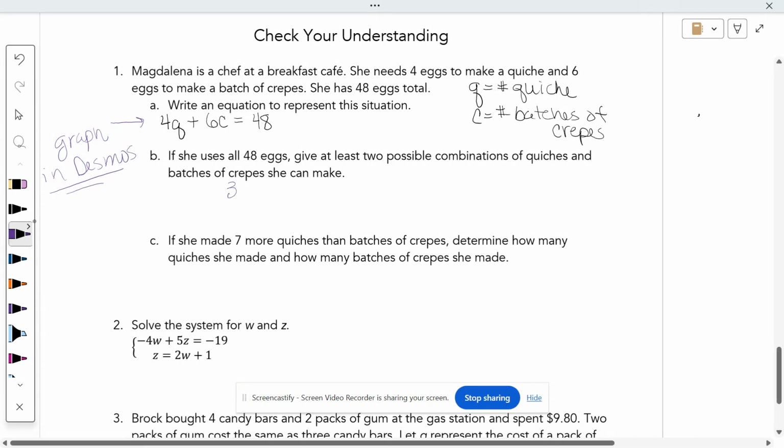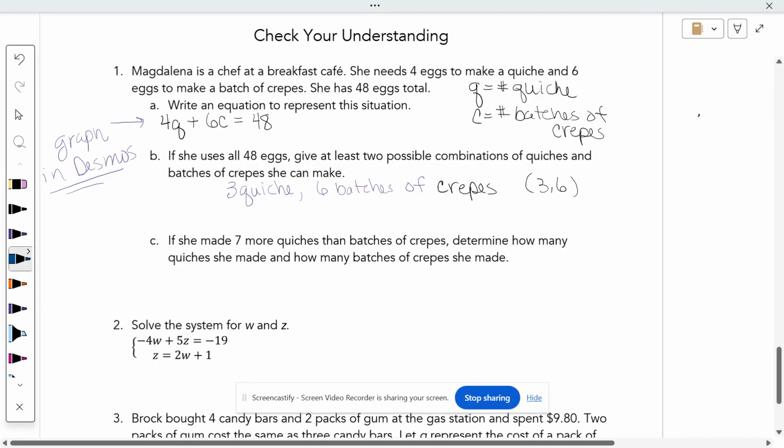So I picked out the ordered pair 3 quiche and 6 batches of crepes. So that's the ordered pair 3, 6.